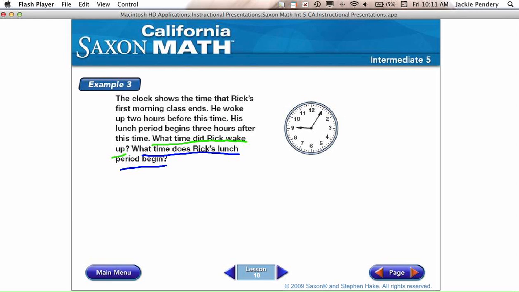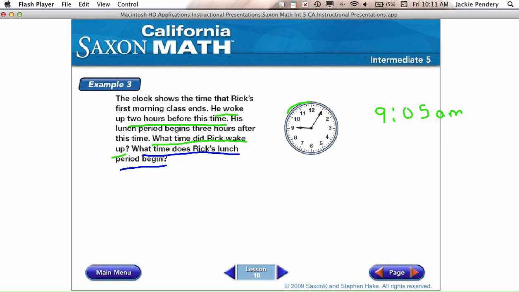Okay, we know that his class ends at 9:05 a.m. It's the morning. This says that he woke up 2 hours before this time. Now, I can't just subtract. I have to look at the hours, and I'm going to back up 2 hours. So it's like reversing the clock.